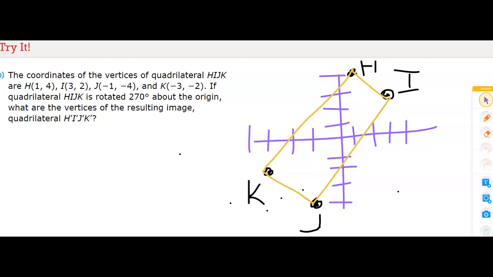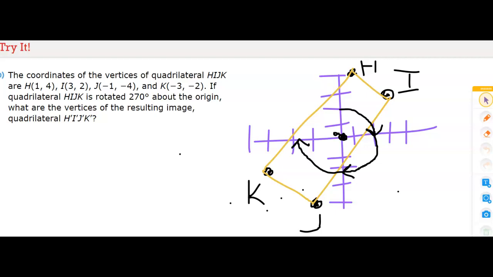It says it is rotated 270 degrees about the origin. It doesn't say counterclockwise, so we're going to assume it's clockwise. So here's our origin, and we're going to turn this quadrilateral 270 degrees. Remember, that's 90, 90, and 90, right? That's 270 degrees.